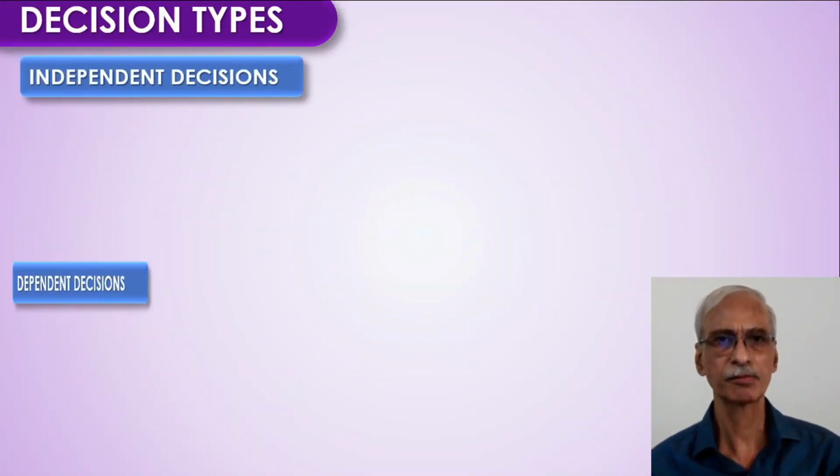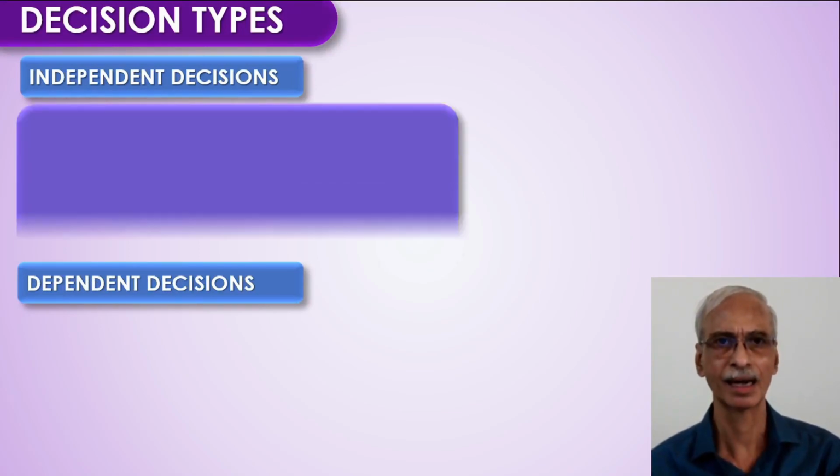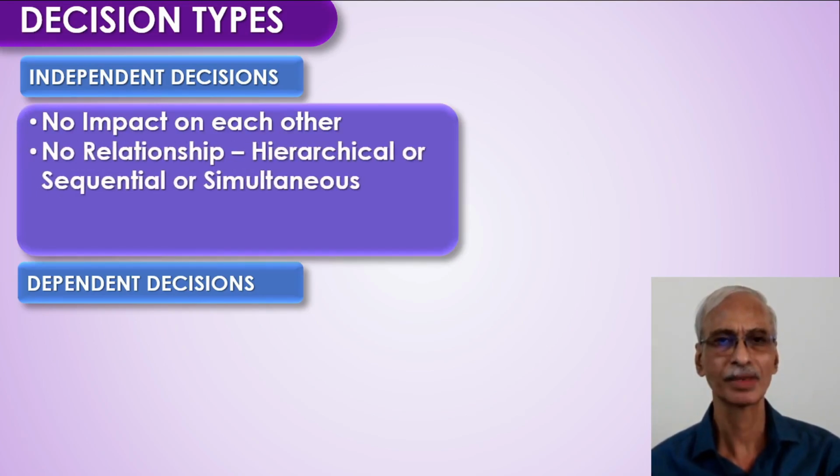Decision types are of two types: independent decisions and dependent decisions. Let's look at what they are. Independent decisions, as the name implies, are independent of each other. They have no impact on each other. There is no relationship between the decisions. The decisions can be taken quite separately.